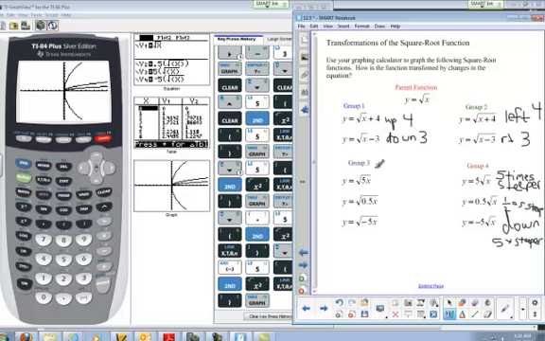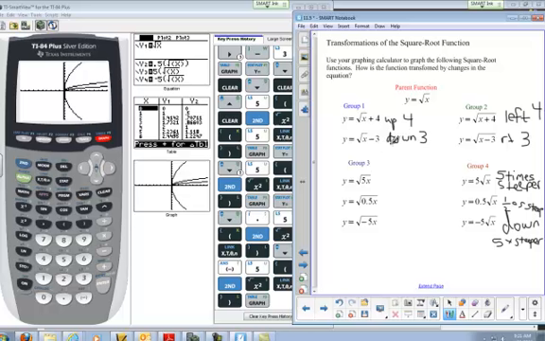Okay, hopefully you can read that. All right, so in group 4, the number on the outside makes it steeper if it's bigger than 1, less steep if it's less than 1 yet positive, and if it's negative, it's going to flip it on the opposite side.